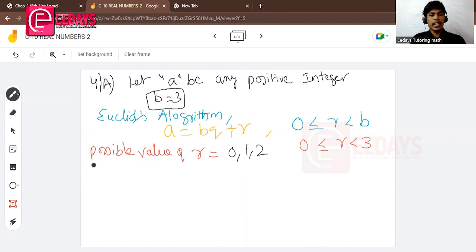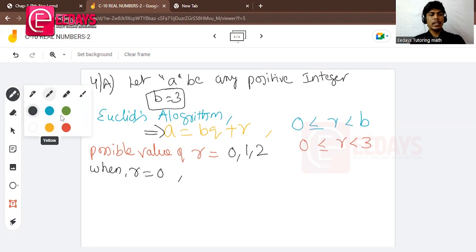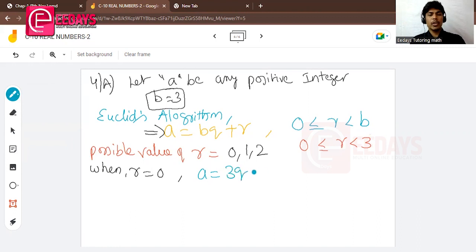Now let's do the trial and error method. We'll try each and every R value. When R is equal to 0, substitute in Euclid's division lemma, A is equal to BQ plus R. So A is equal to B, which is 3, times Q, plus R, which we just got as 0.